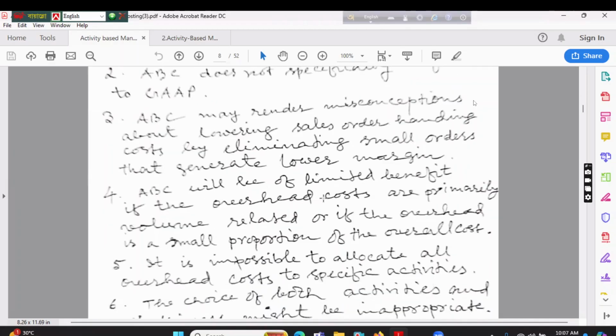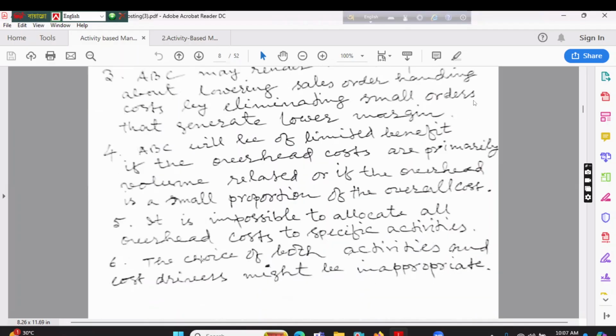ABC will be of limited benefit if the overhead costs are primarily volume related, or if the overhead is a small proportion of the overall cost. It is impossible to allocate all overhead costs to specific activities.